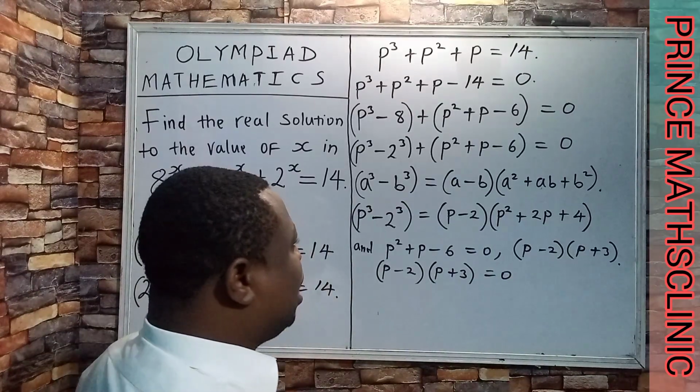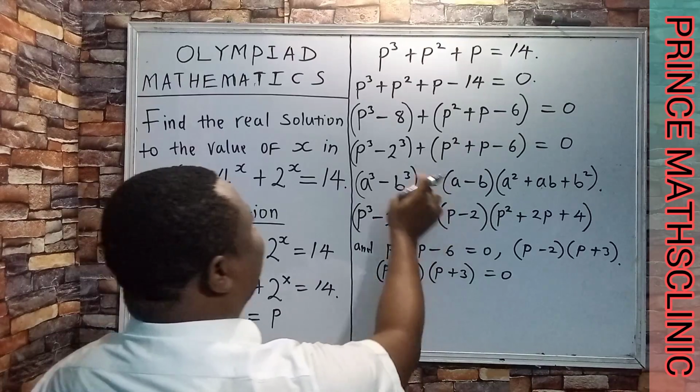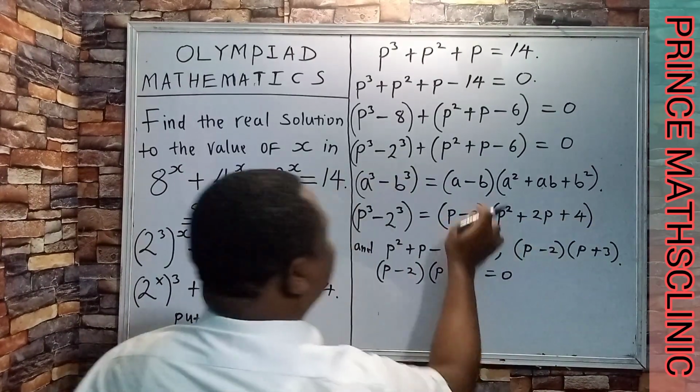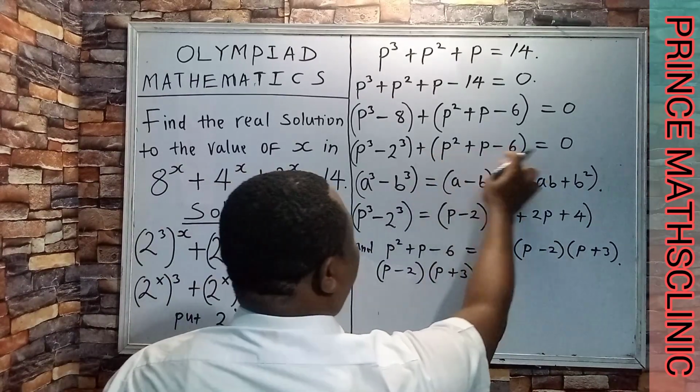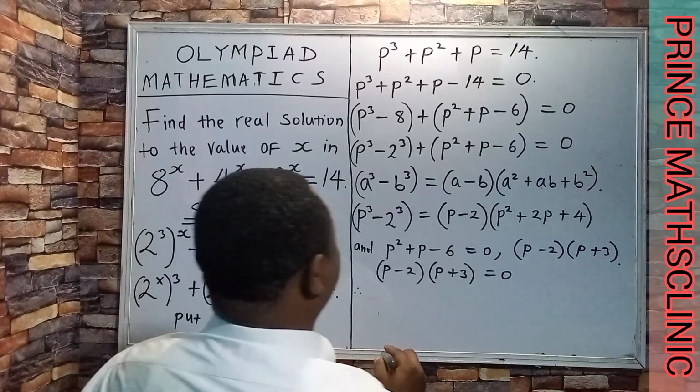So these values are like this. So what does that suggest? It suggests to us that this particular value here has been expressed in this form, and this particular value here has been expressed in this form. Therefore, my equation will look like this.